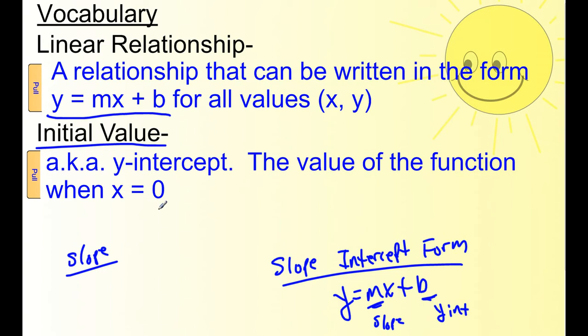We can graph it. We can do all kinds of wonderful things to it. But it all starts with taking the scenario we're given, finding the y-intercept, which is the initial value, finding the slope, which is the rate of change, how fast it's changing, and then we go from there. Okay? So let's go ahead and get started.